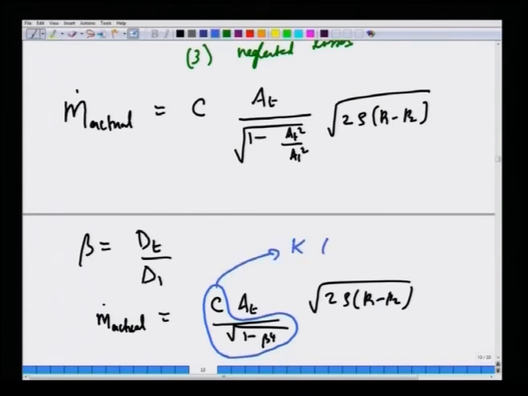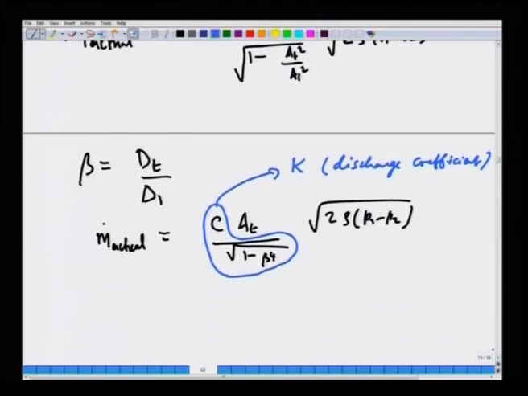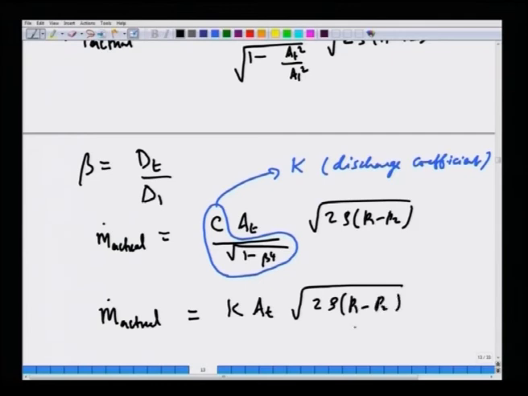It is called the discharge coefficient. So, the actual mass flow rate becomes K A_t square root of 2 rho (P1 minus P2).